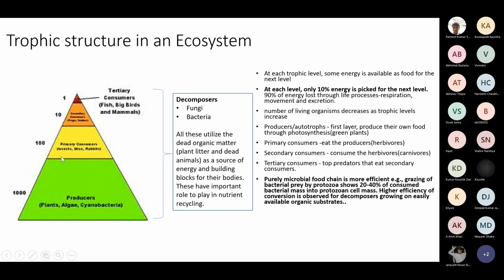But if you look at insects, or bigger animals, and that makes sense, because in order for insects, mice, or rabbits to survive, these are much bigger organisms. So their own consumption of the nutrients is much larger, and they are only able to assimilate a very small part, which is 10%. So make sure that you understand the meaning of this last sentence here.